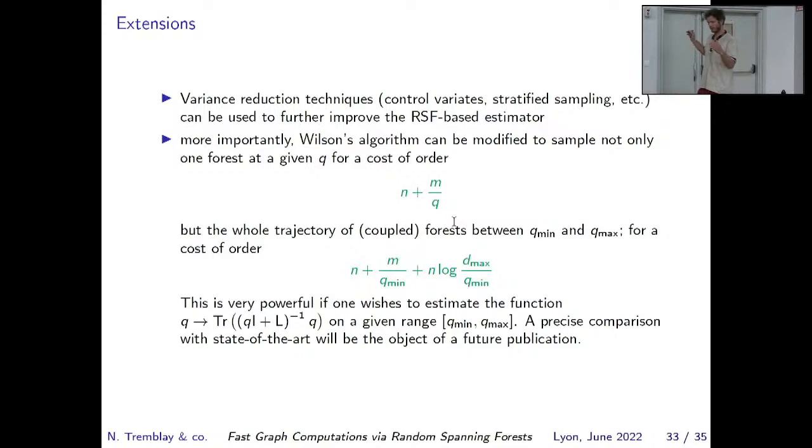Before I go to other things I can actually compute or we've been working on, a few remarks. One of them is that there are some classical variance reduction techniques that you can use on this problem I've just shown. On the simple estimator, you can improve it using very classical techniques.